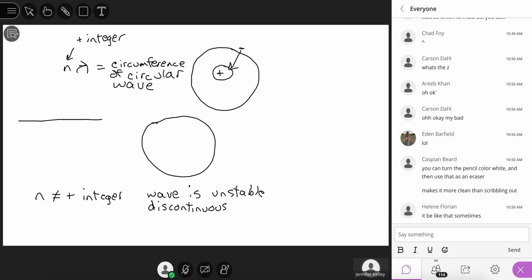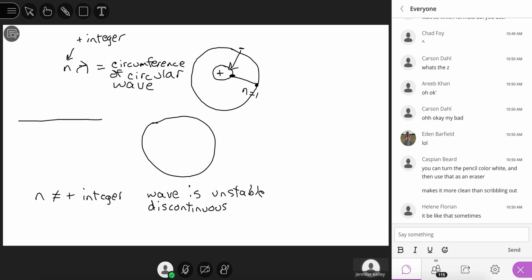And if it's a circular wave, then the distance from here to here has to be a whole number integer. So it starts at n equals 1, and then goes to n equals 2, n equals 3, and so forth. So the whole idea is they're trying to explain the electron will not crash into the nucleus because the electron moves in a wave pattern around the nucleus. And that's the explanation they give there.